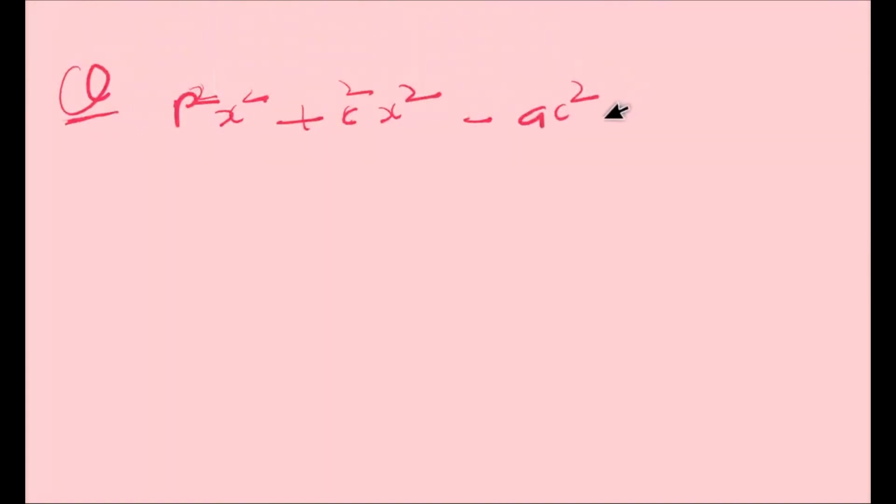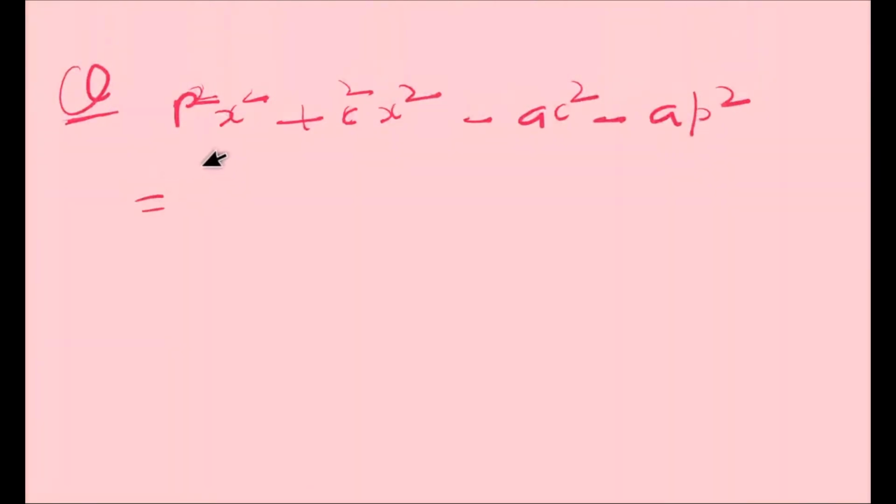So students, we do another. Now we can do these questions again by changing the pair: p square x square plus c square x square minus ac square minus ap square.